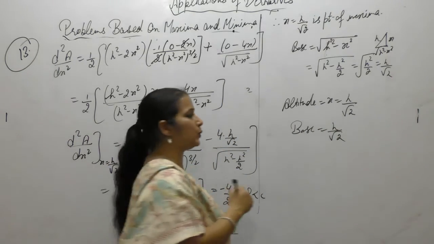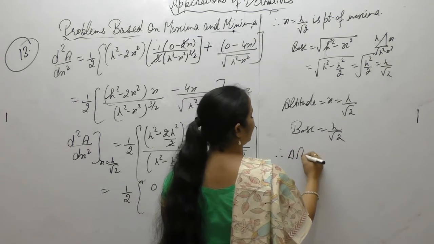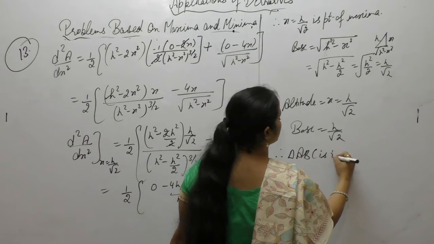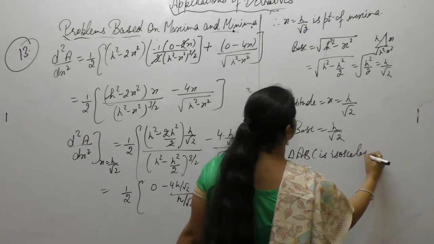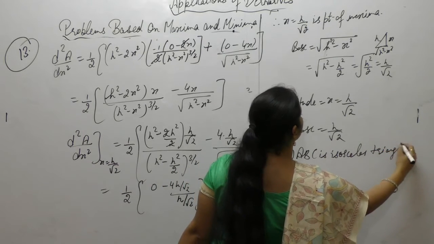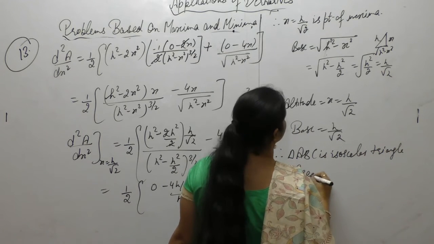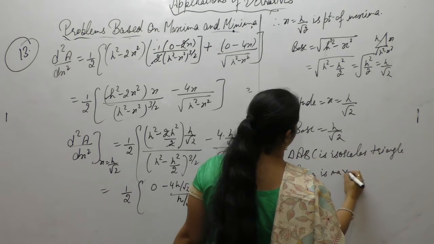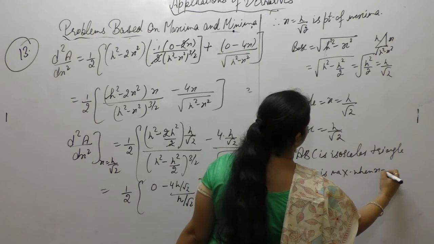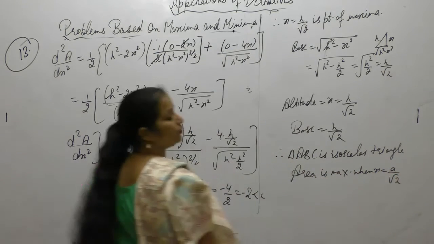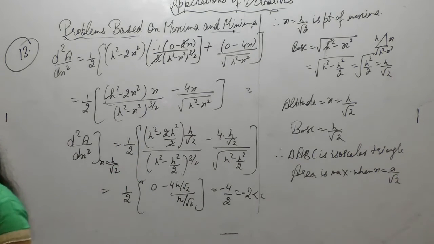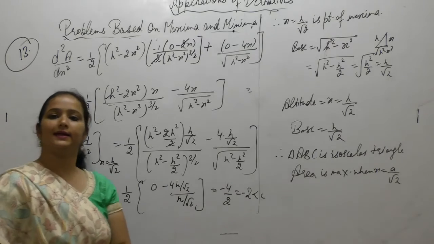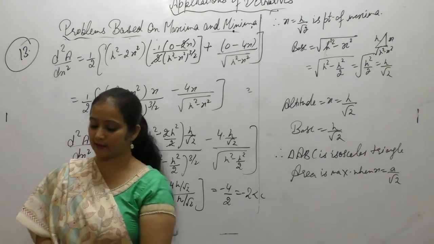Two sides are equal. Therefore, triangle ABC is an isosceles triangle. And area is maximum when x equals a upon root 2. So area is maximum when the triangle is an isosceles triangle.